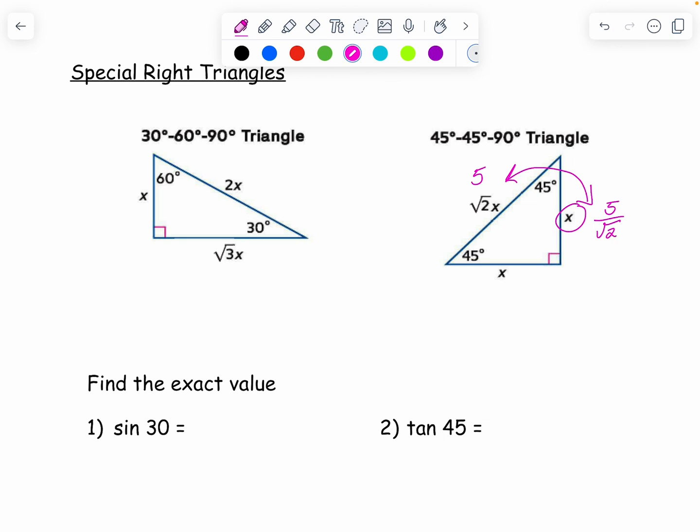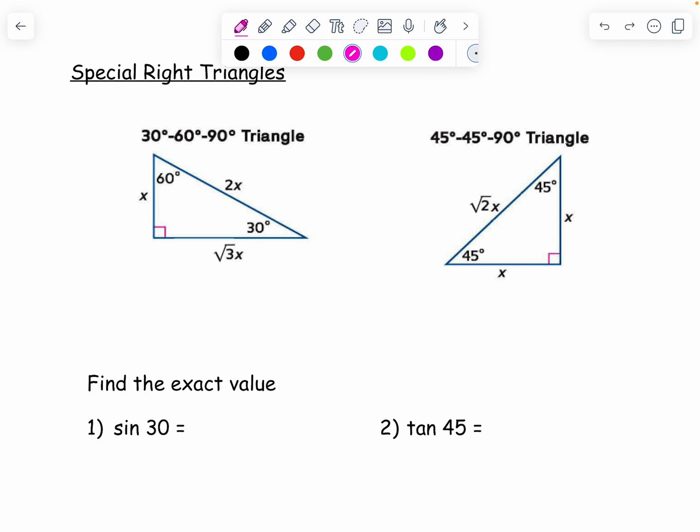So that would be 5 divided by the square root of 2, which we would have to rationalize to be 5 square root of 2 over regular 2. So we're going to have to do some rationalizing again, and so we've got to be able to think about these things. With that in mind, let's look at our 30, 60, 90.